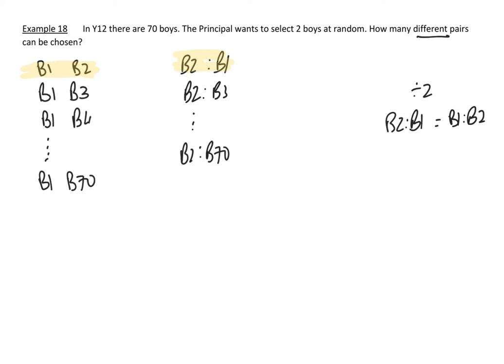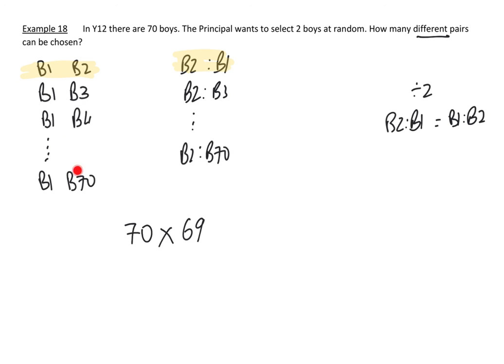So, the number of combinations: in our first pick, we can have 70 different options. In our second pick, we can't have 70, because you can't have the same boy picked twice. So there's only going to be 69 different options, and we can see that in this first list. We had boy 2, boy 3, boy 4, all the way down to 70. So there's 69 in here, and there's going to be 70 different options of getting that.